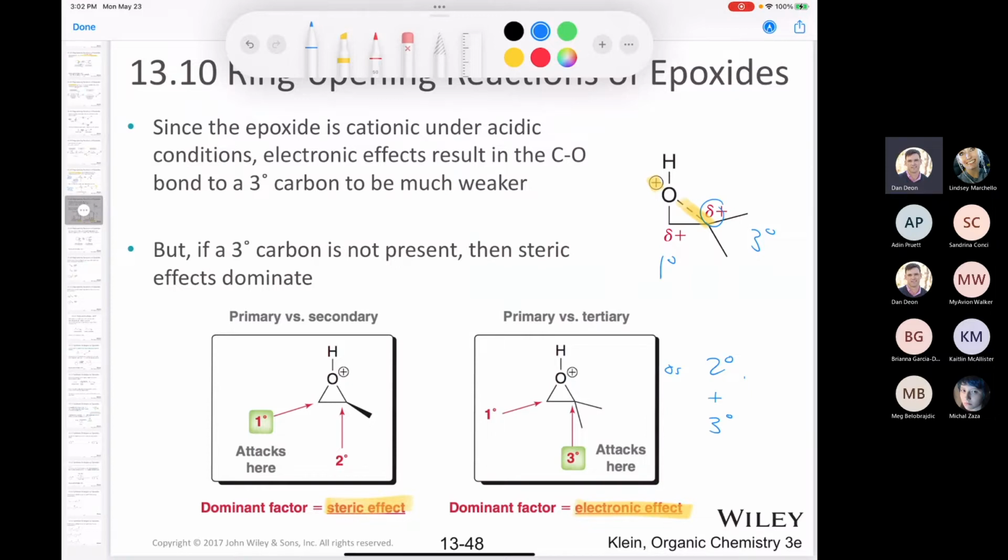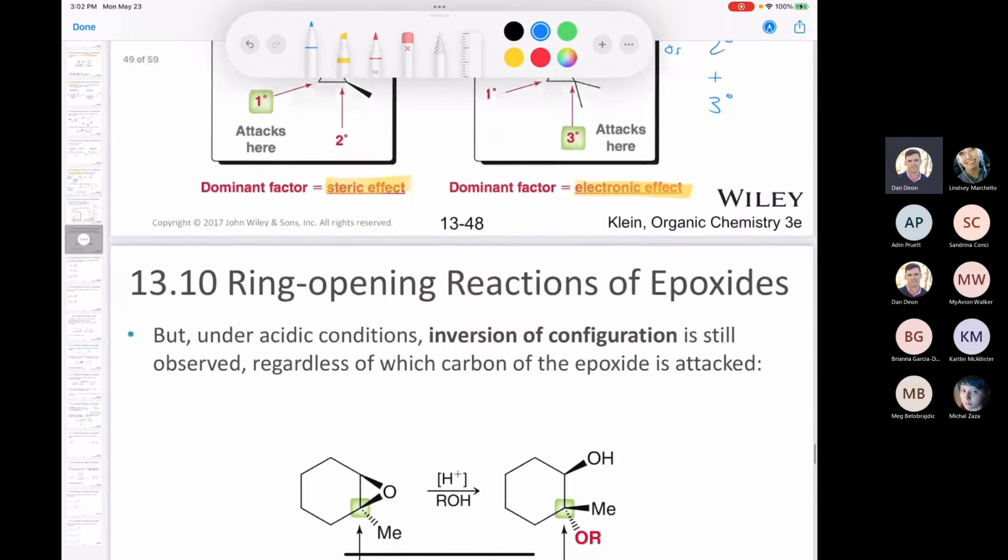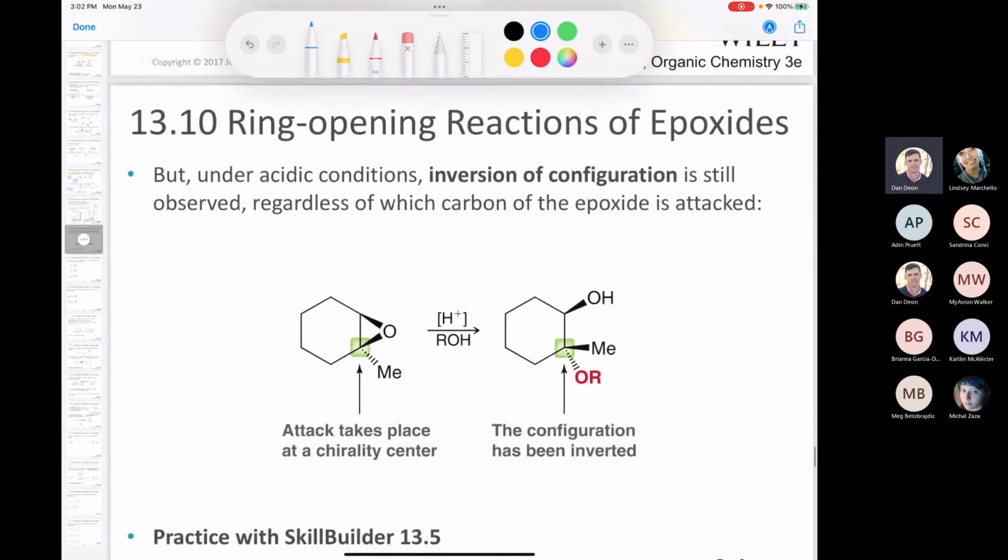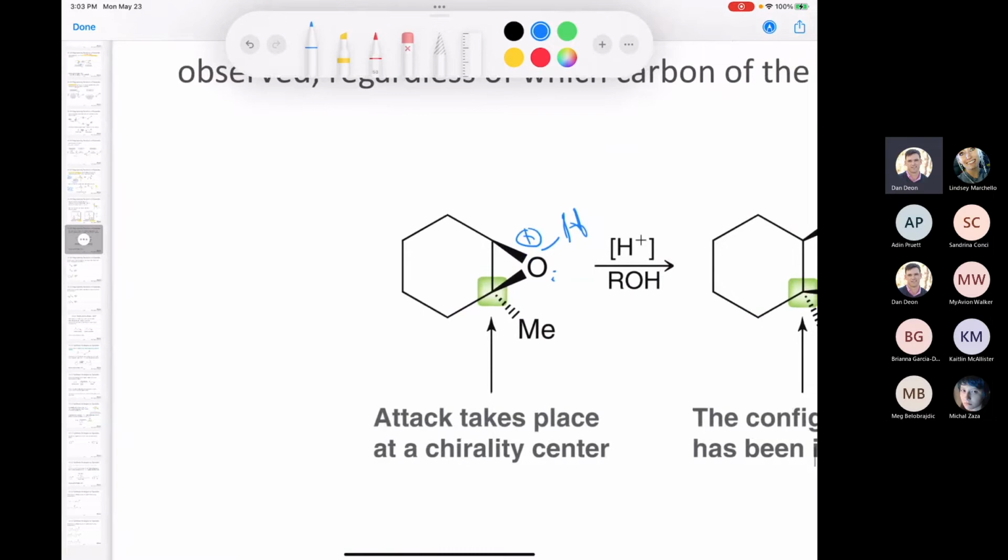Well, let's move on from there and let's talk about the stereoselectivity. And the same thing occurs after the proton transfer to make the oxonium. Once you've made the oxonium ion, wherever the nucleophile attacks, it's always going to attack on the opposite face from the epoxide. If we look at this molecule here, you see that the epoxide is pointing up.